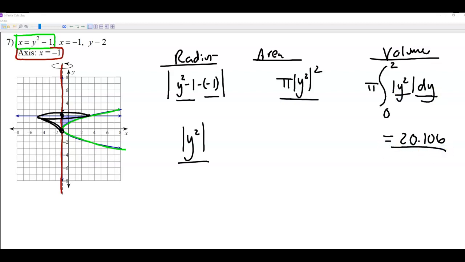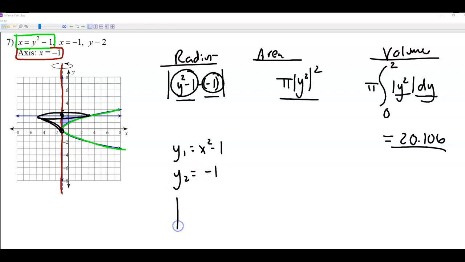Now, another way, a little bit more like the one I did in example 2 today, would be to, I like this way more, that's why I chose to go this way. But another way is we could have just defined this on my calculator as y1 equals x squared minus 1, right? And I could have defined this as y2 on my calculator. And then, therefore, my radius would be y1 minus y2.